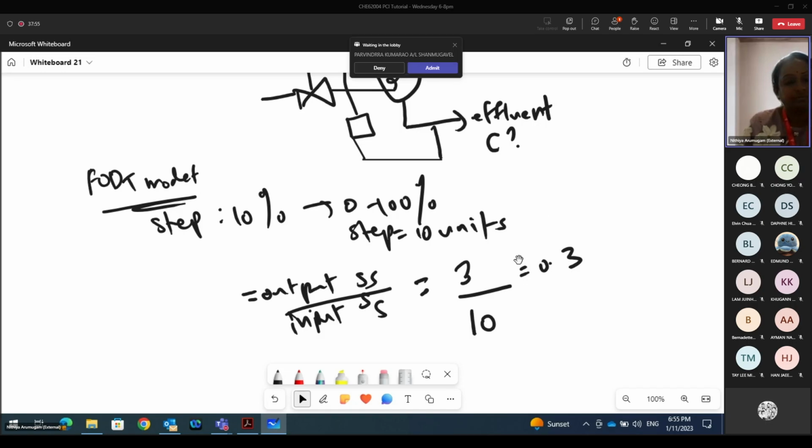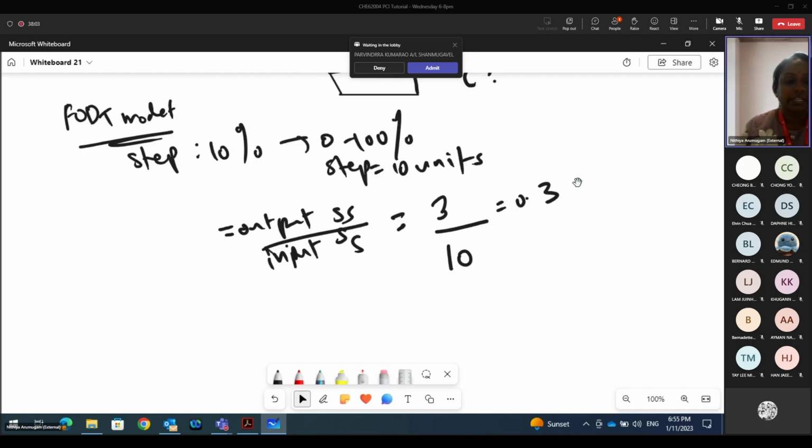Now, for us to calculate the FODT, we need to find out what is the tau value.